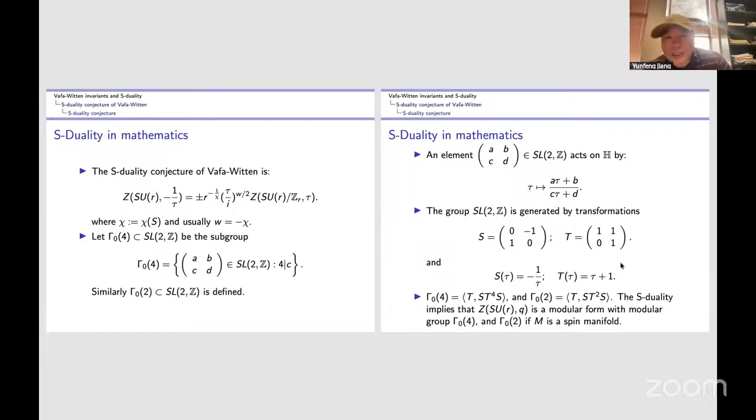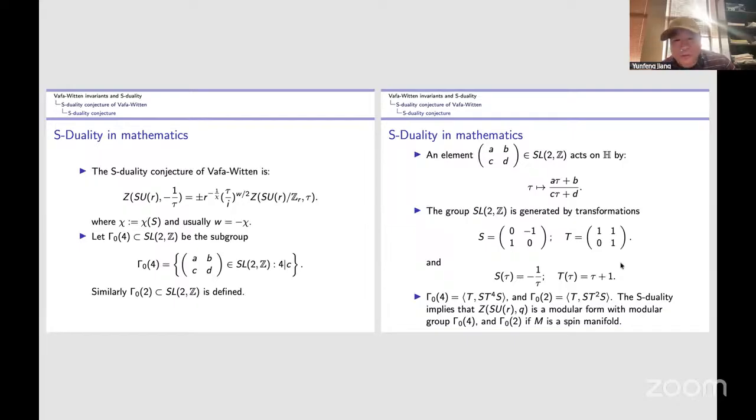Any element, a 2 by 2 matrix (a b; c d) in SL2(Z), acts on the upper half plane by tau goes to (a tau plus b) over (c tau plus d). The group SL2(Z) is generated by two elements, S and T. Here S we really call the S-duality; I'm not sure if the name comes from this, but let's assume yes. S sends tau to minus 1 over tau, and T sends tau to tau plus 1, a shift.